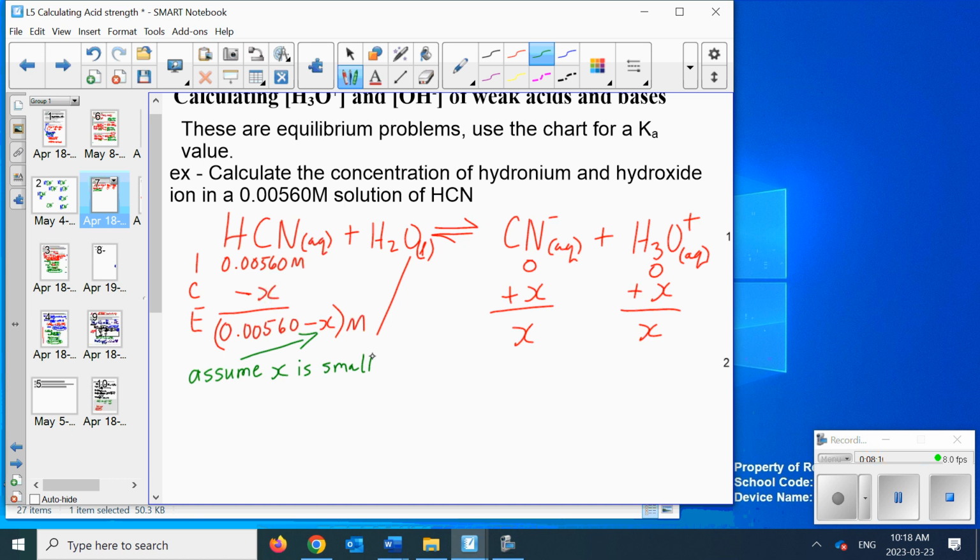So for example, if I assume that X is small, like 0.0056 minus... I'm just showing you what I mean by assuming.